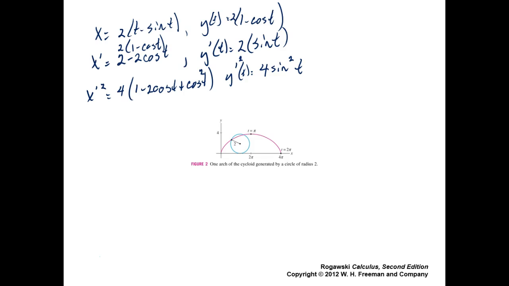Okay. And we want the arc length. So the arc length S is going to be the integral from t equal 0 to 2 pi. And it is your t that we're dealing with here, 0 to 2 pi. Okay, what goes inside the integral?